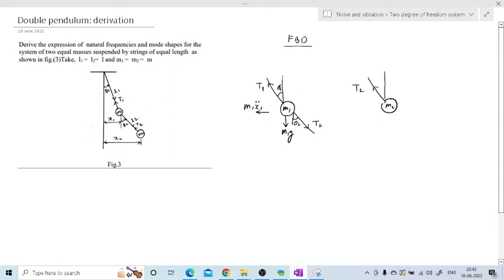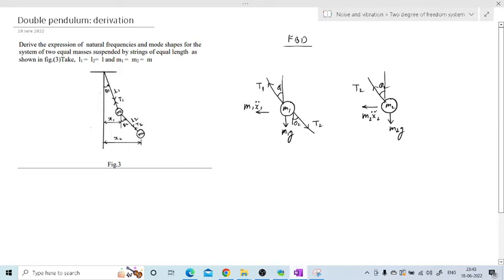So I will draw here theta 2 with the vertical. Now the weight of this mass is acting downward, so I will show it by M2g. Now if you see the linear displacement of the mass is in the right direction, so the inertia force will act in the opposite direction, and that is M2 x2 double dot. So this is the inertia force.